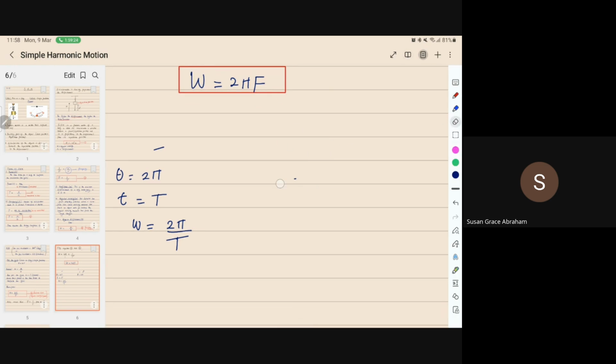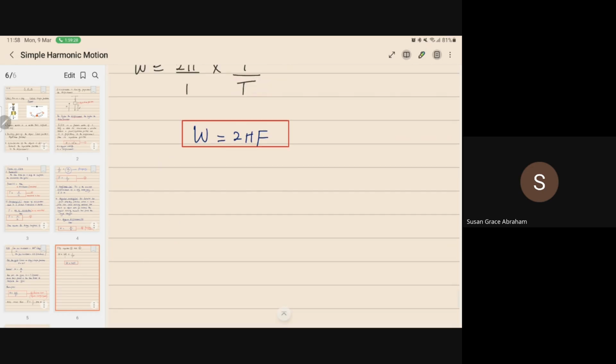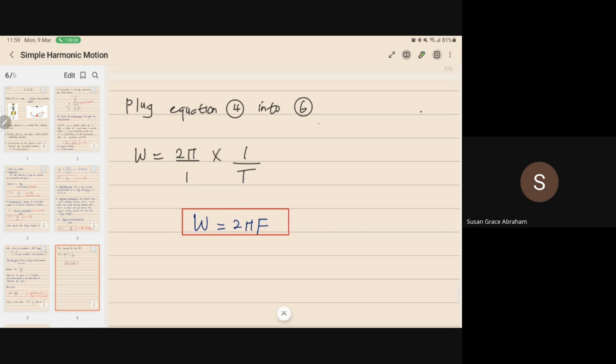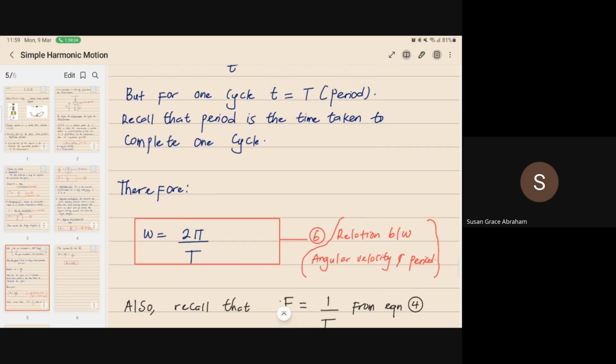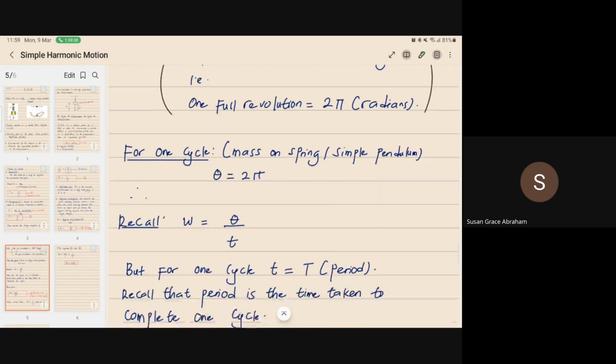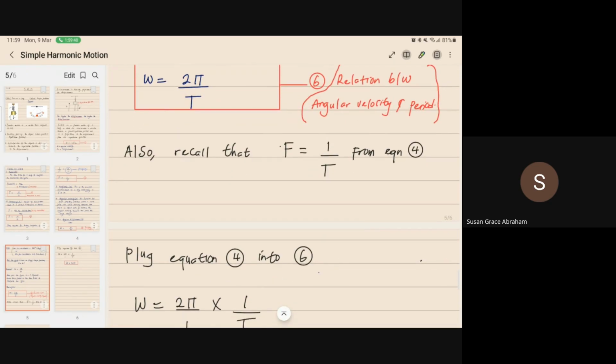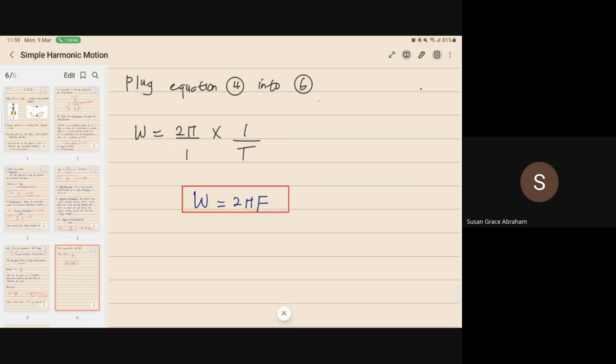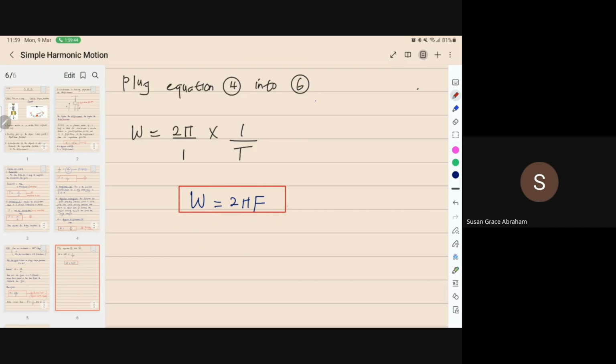So let's go. We have our angular velocity equal to 2 pi f at this point. The next thing that we need is, how do we now connect all these things coming from angular velocity? Now we've seen the formula for angular velocity on a normal day. We've related that to our frequency. We've also related that to our period as well. So this is equation number what? 7.